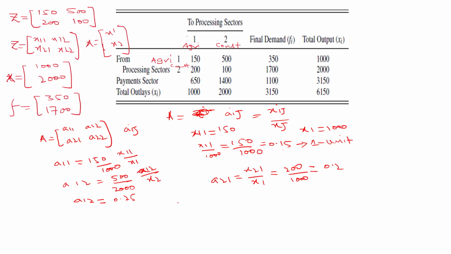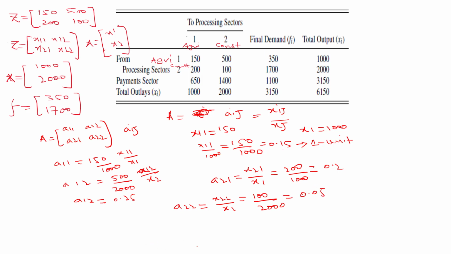Similarly, we can also calculate A22. A22 is X22, 2 providing to itself. And what is the total output of 2? Have a look at this one: 100 divided by the total output of industry 2, which is 2000, sorry. So this will be equal to 0.05.